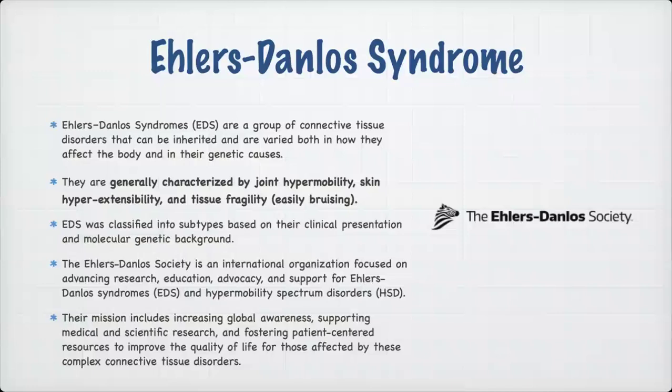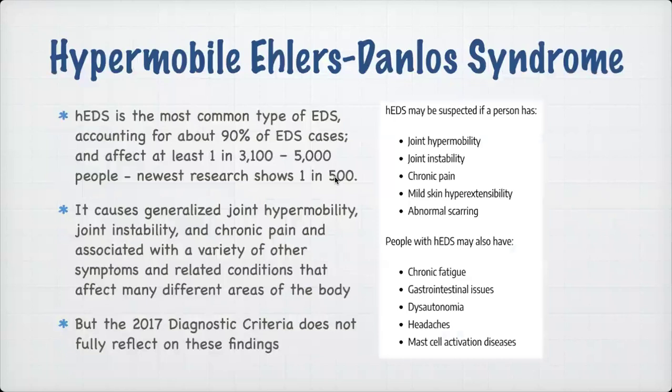The Ehlers-Danlos Society is an international organization focused on advancing research, education, advocacy, and support of Ehlers-Danlos syndromes and also hypermobility spectrum disorders. Their mission includes increasing global awareness, supporting medical and scientific research, and fostering patient-centered resources to improve the quality of life for those who are affected by these complex connective tissue disorders.